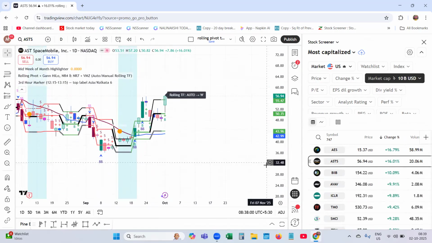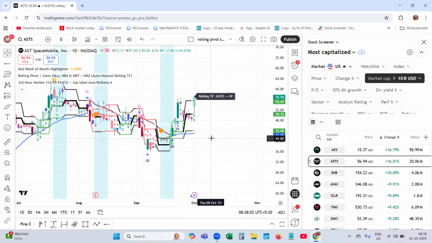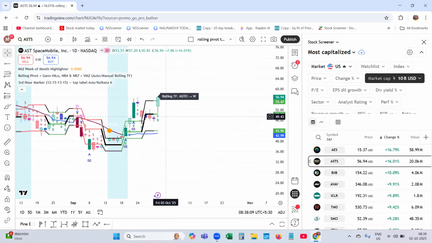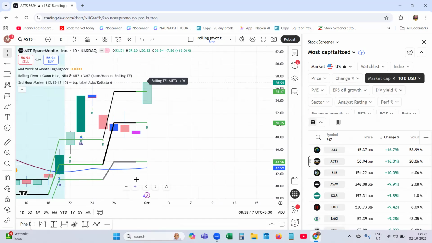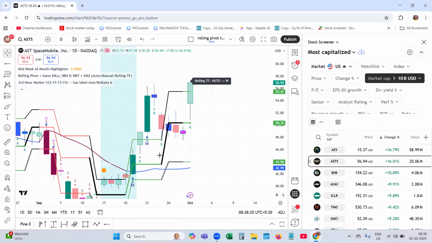You can comfortably take a position in this stock, because AST SpaceMobile is telling you so clearly that the price has moved above the R1 and pivot. Ganhilo is here. It was neutral, gray color when it was correcting. It moved higher with a big bar alert.